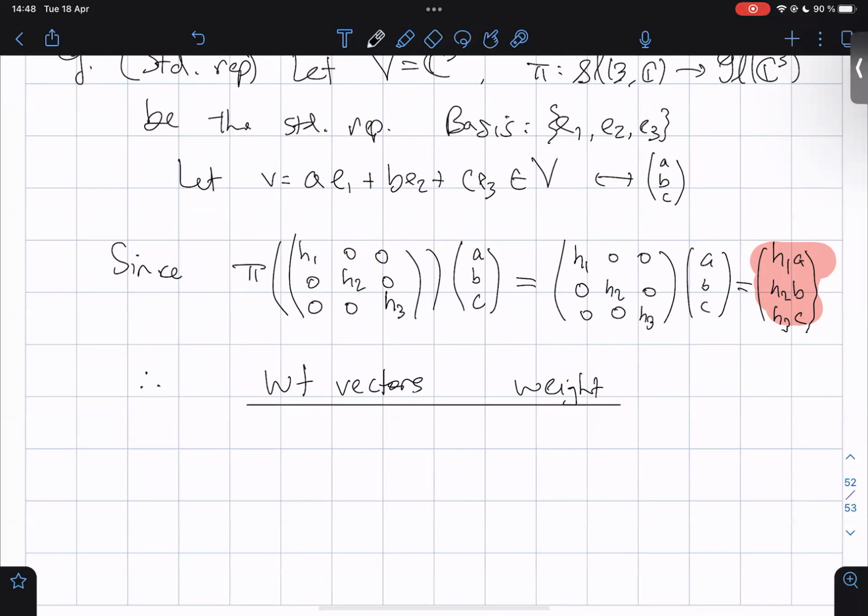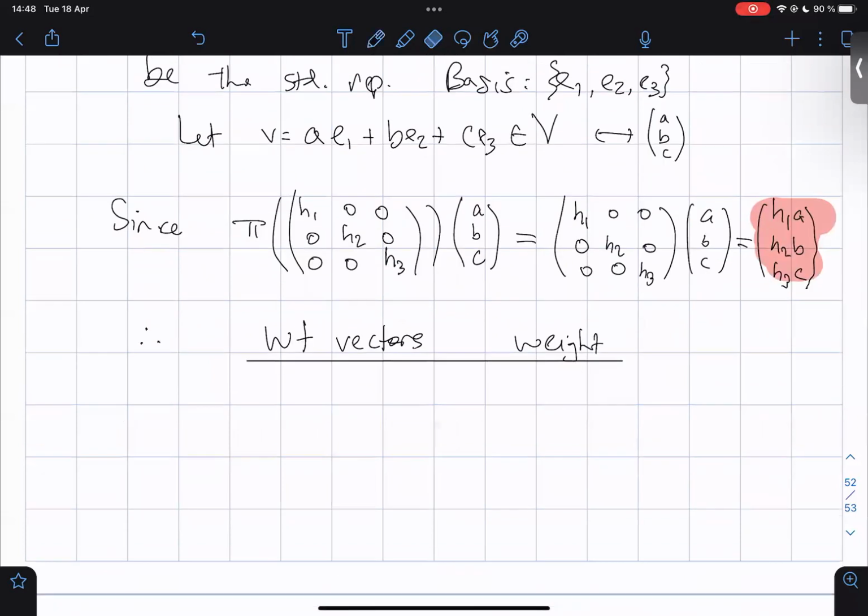Namely, E1, E2, and E3, this basis that we started out with. These are actually weight vectors. Why? Because E1 is (1, 0, 0). What does this do to (1, 0, 0)?